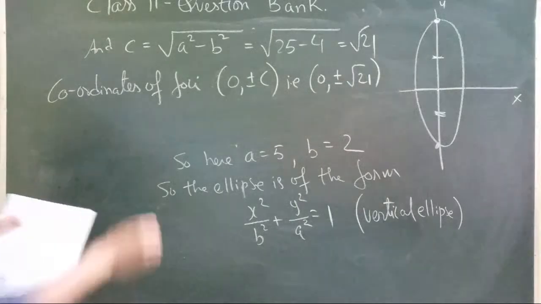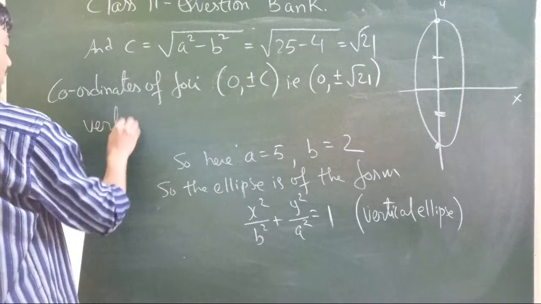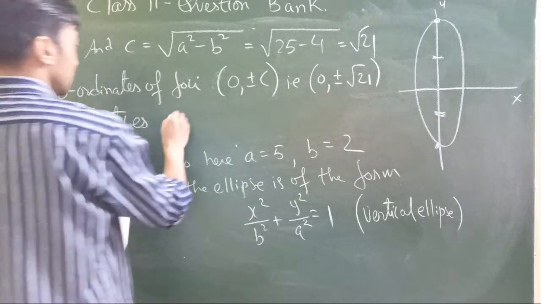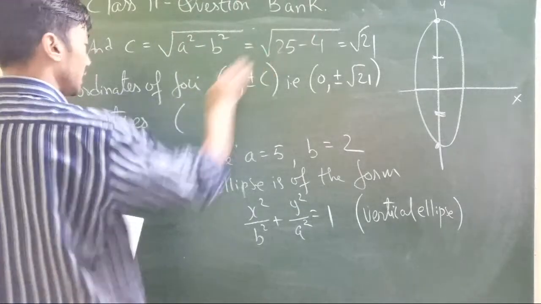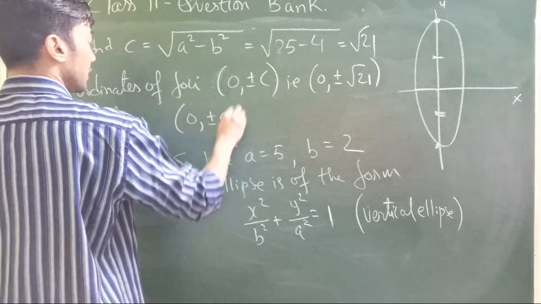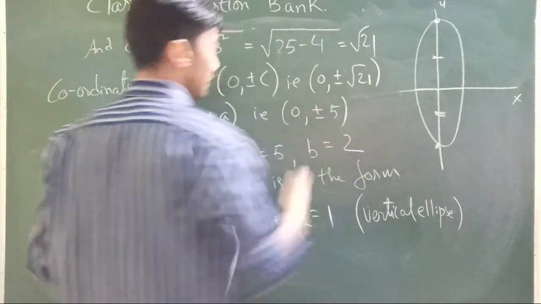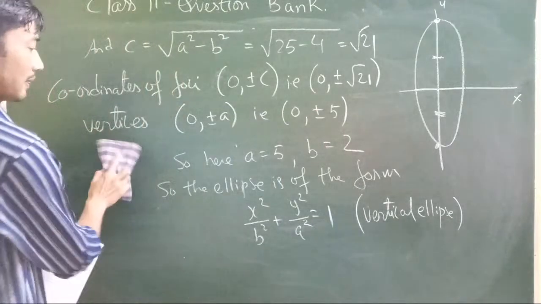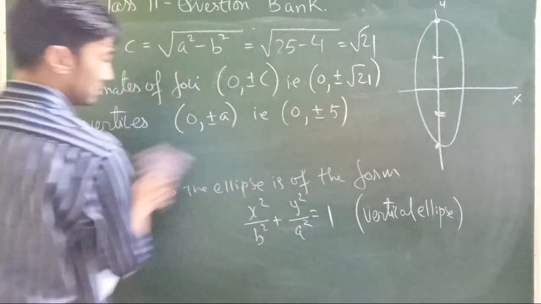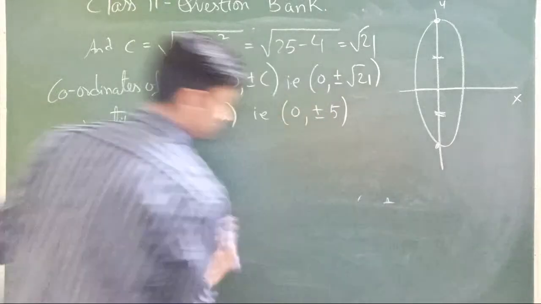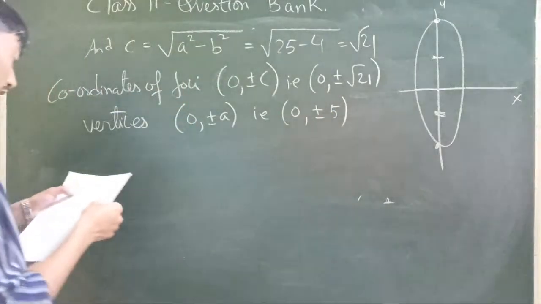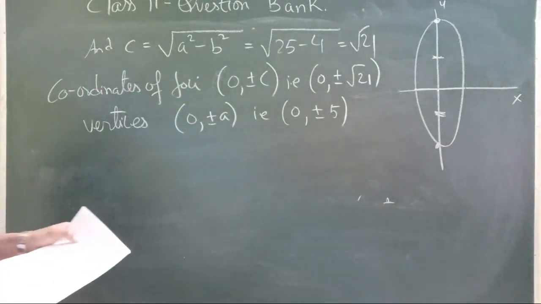Next is the vertices. Here also the vertices will be on the y-axis, 0, plus minus a. So that is 0, plus minus 5. Length of the major axis.